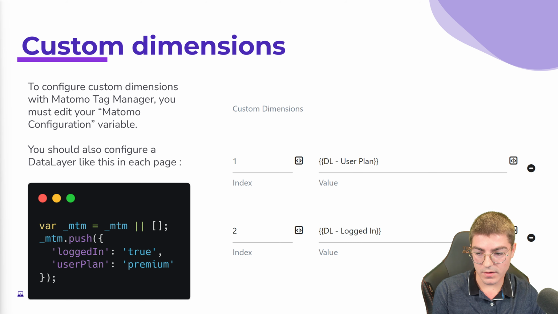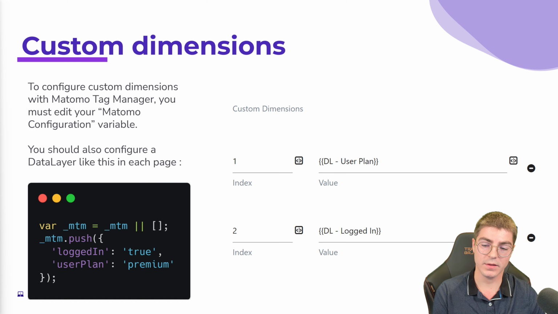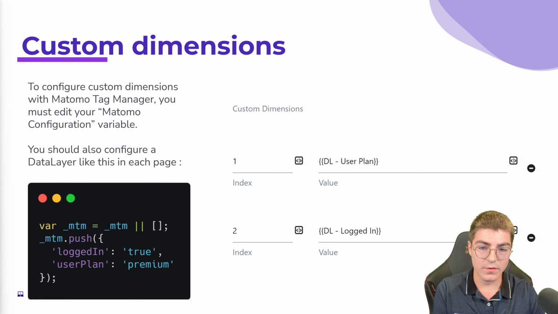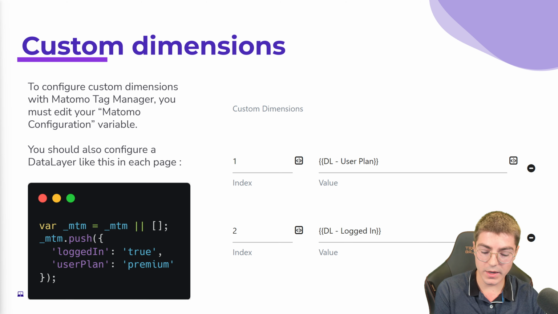This code snippet is a data layer that I filled with two custom values: logged in, set to true, and user plan, set to premium. Then in your Matomo Tag Manager, you just have to go back to your main Matomo statistic tag and change the configuration of your Matomo variable.